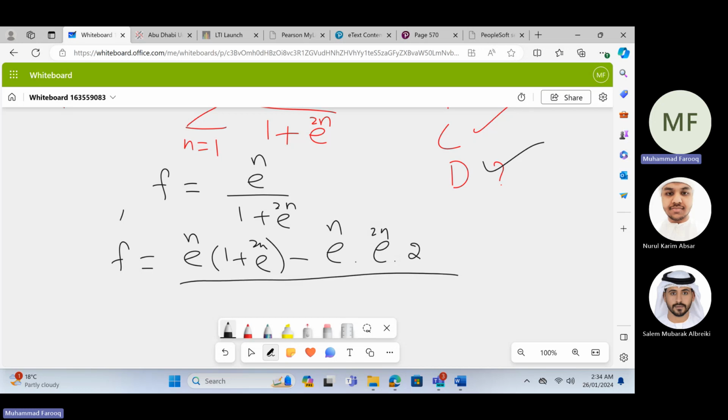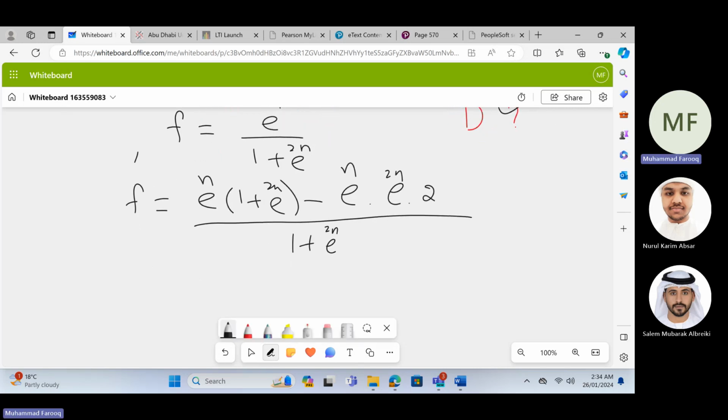Yes, and divide by (1 plus e^(2n)) squared. It's supposed to be squared: u prime v minus u v prime over v squared, okay?